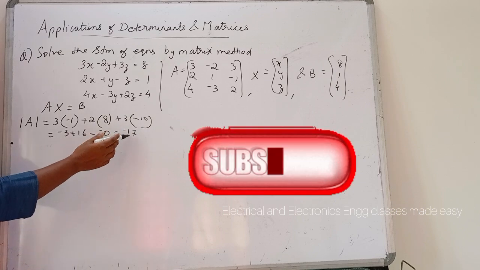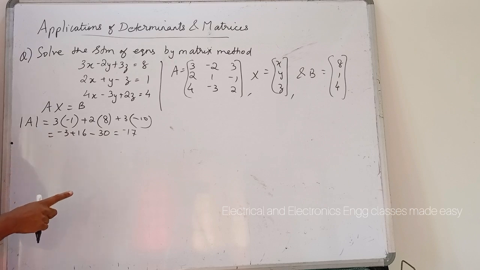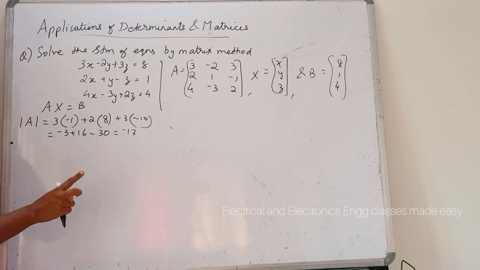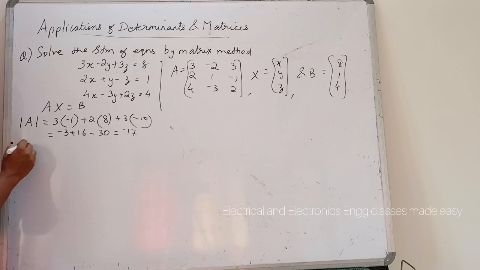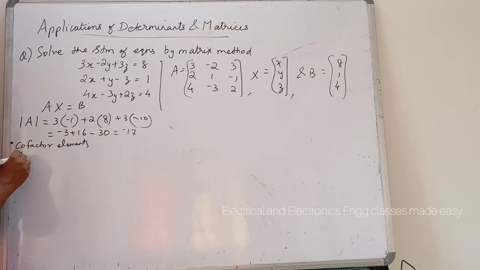So determinant of A is not equal to 0, that is A is a non-singular matrix, hence the inverse of the matrix exists. So we can find the inverse of the matrix. For that we have to find the adjoint of A. For that we have to find the values of cofactor elements. That is A11 is equal to 1 into M11.